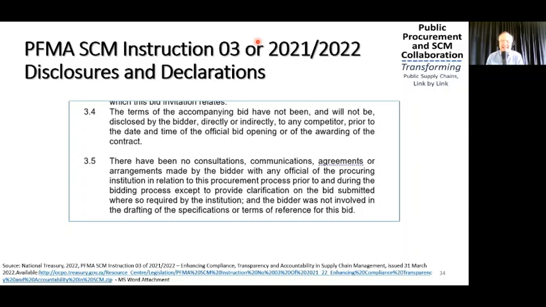What I normally do when a new instruction comes is, before we update the policy, I have what I call an adoption approval that I take to the accounting officer to say we are in the process of adopting the policy. Then I outline the timelines and the program and request to adopt it into the process.